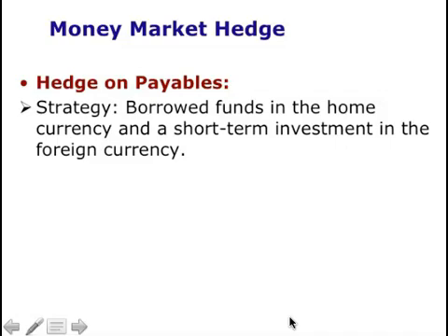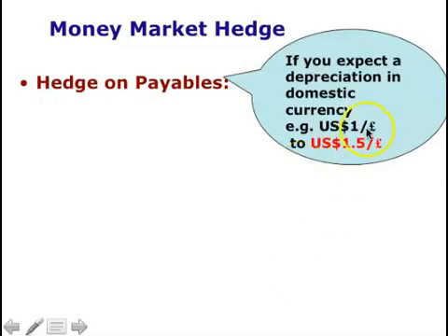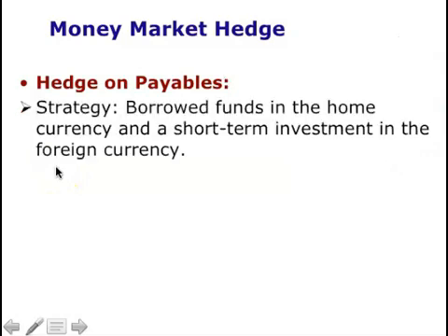Why do we invest in foreign currency? Because foreign currency appreciates. You look at this case: foreign currency appreciates, domestic depreciates. So you borrow from a depreciated currency and you invest in an appreciated currency. This is how we can conduct hedging on the payables.